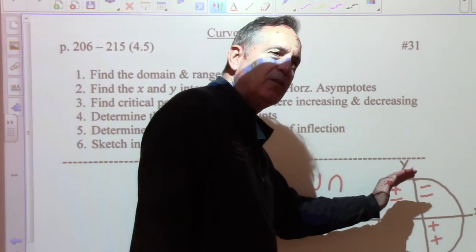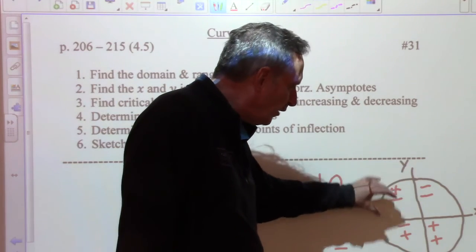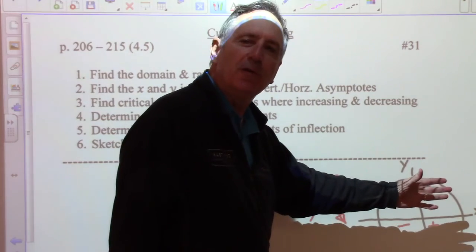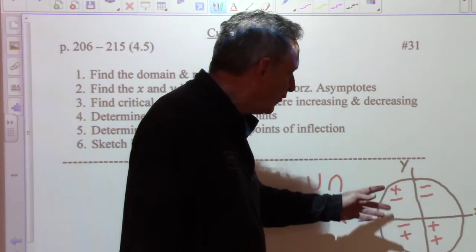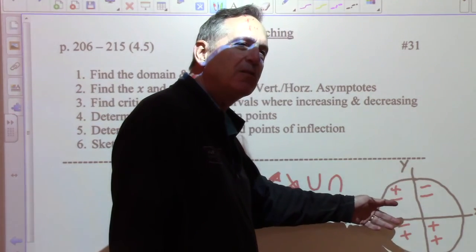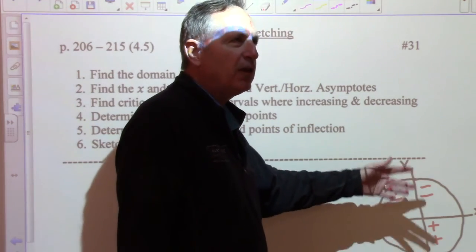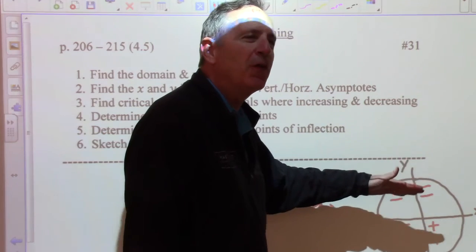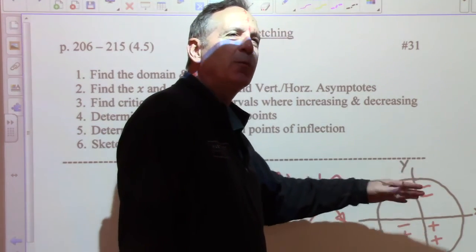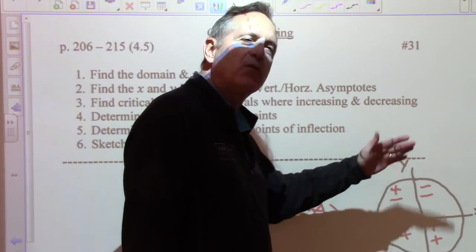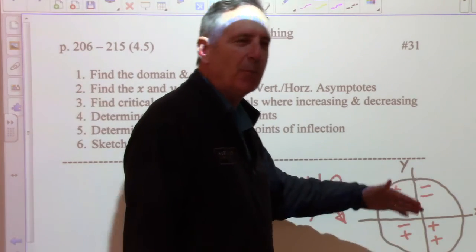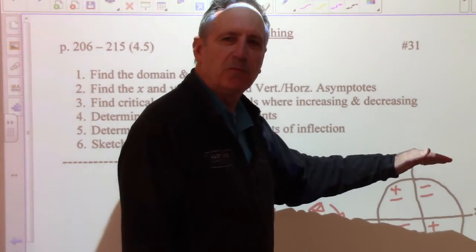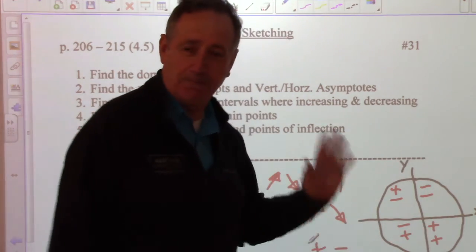So what this circle represents, each quarter, is a generalized shape of the curve that's going to result from this combination of signs. And we're going to see this in a second when we have those number lines stacked upon one another. And based on those number lines, we're going to be able to sketch the curve that the function produces.